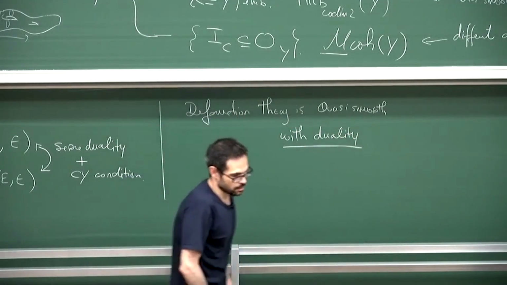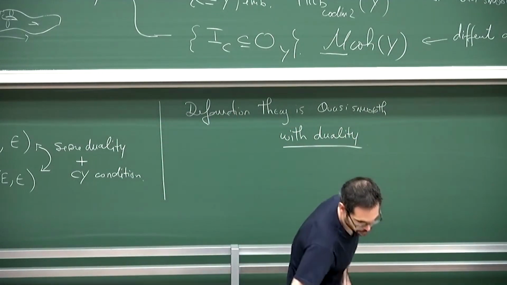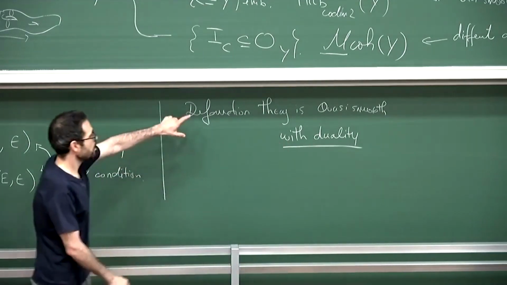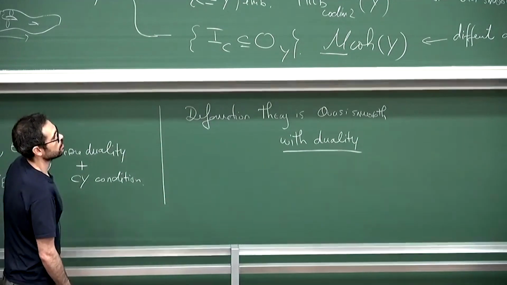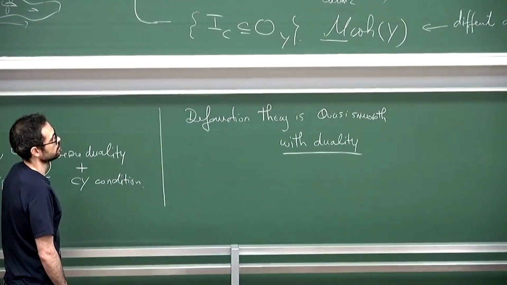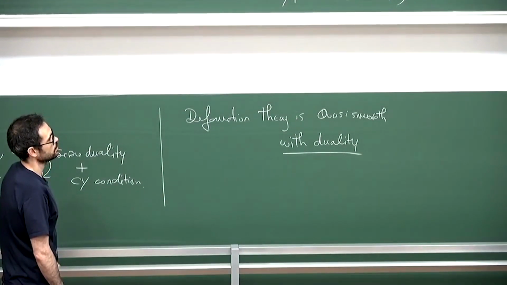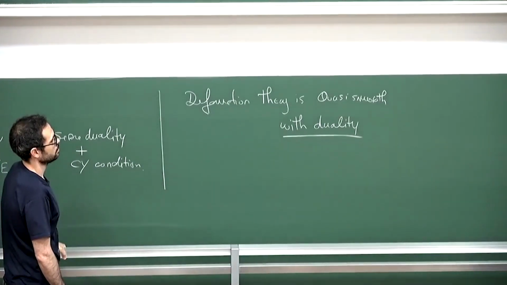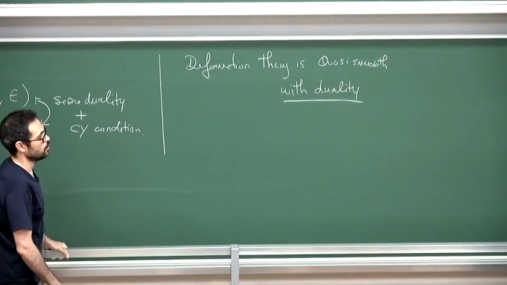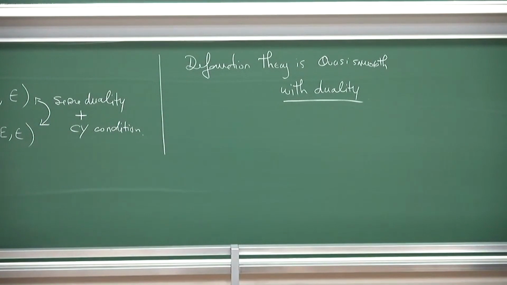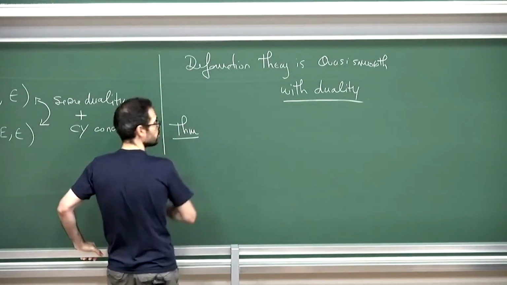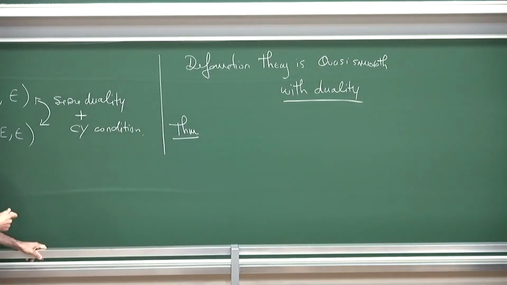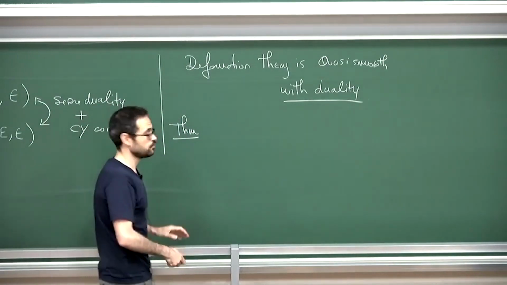So what I really want to tell you about is what kind of duality is really going on here. So I will start by giving you a theorem without mentioning, there are a lot of buzzwords here, and then I'll try to explain what this means.